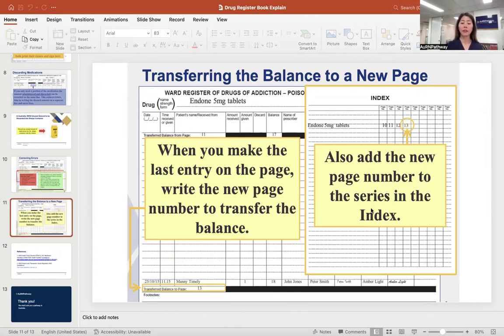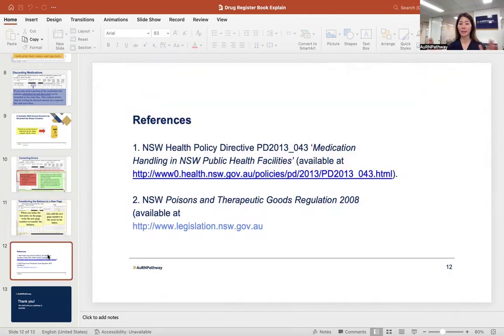This is particularly helpful, so then we know where we need to open the page. I hope that helps you when you start working in the hospital, making it easier to locate the Endone instead of opening it up blindly. That's why I included it in this basic drug register book explanation.